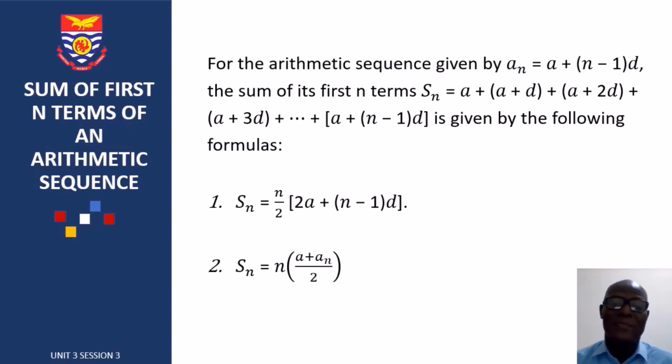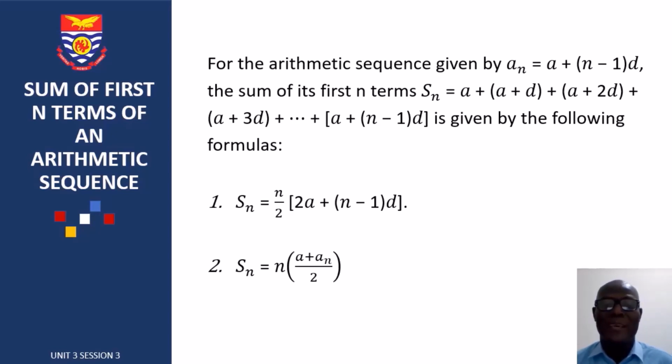Now, we know our A subscript n is the same as A plus (n minus 1)D. So replacing the last term A subscript n by that gives A plus (n minus 1)D.